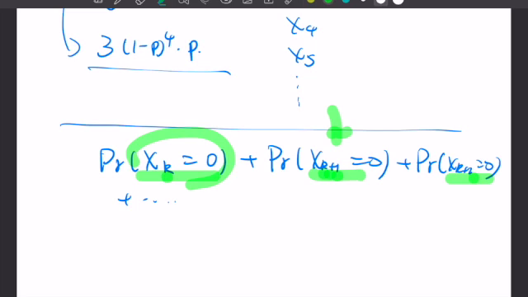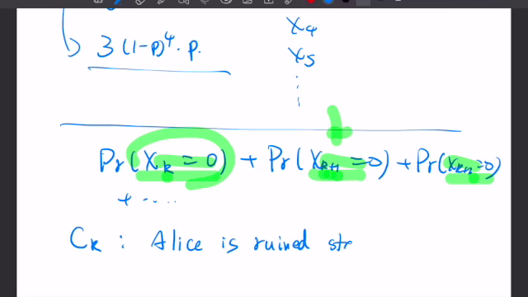So all these events are disjoint. So let's define an event called C_k that Alice is ruined starting with k dollars.